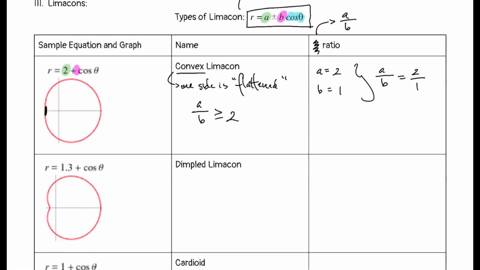So convex is just a fancy way of saying that one side is flattened, okay? But the way that we can predict that from the equation is we look at the A, which is our first number. Right? So let me just highlight that again. This A is going to be the top number in our ratio, and then the B is going to be the bottom number in the ratio. Okay.